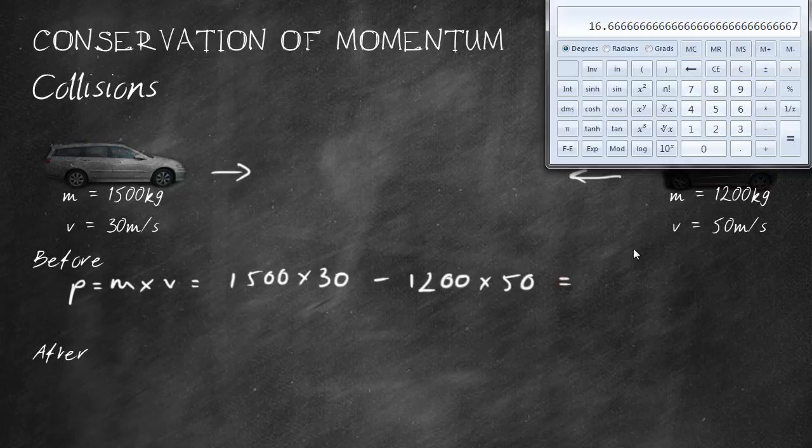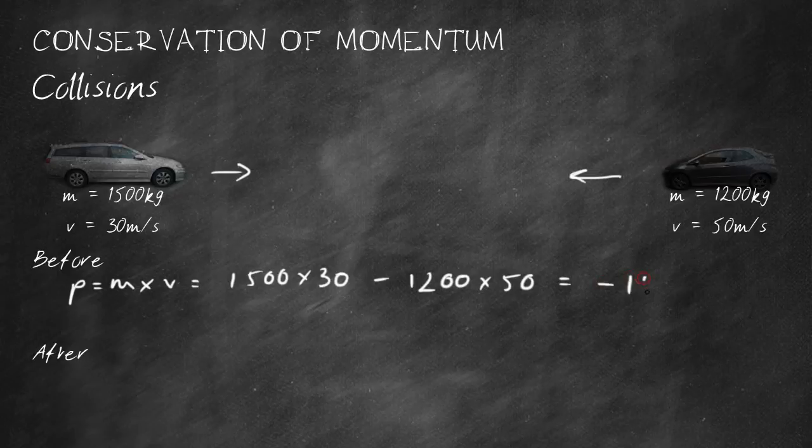Again, going for our scientific calculator, 1500 times 30, take away 1200 times 50, minus 15,000 kilogram meters per second.